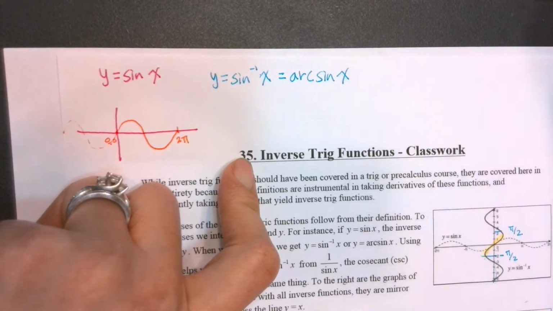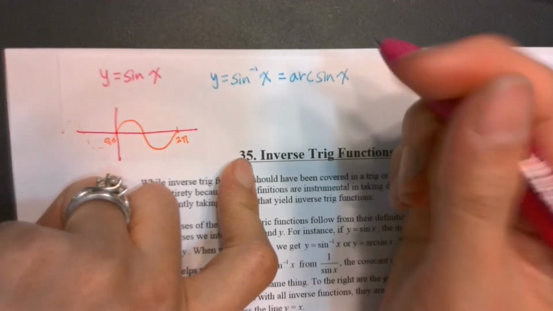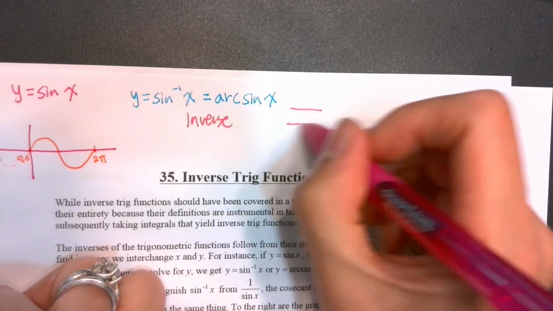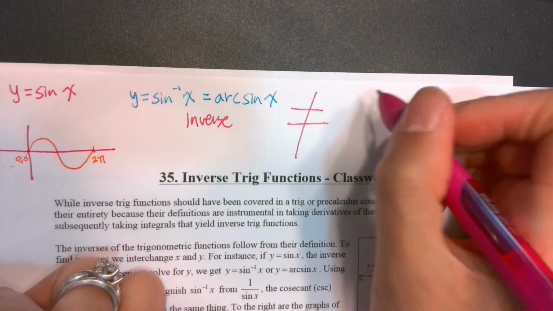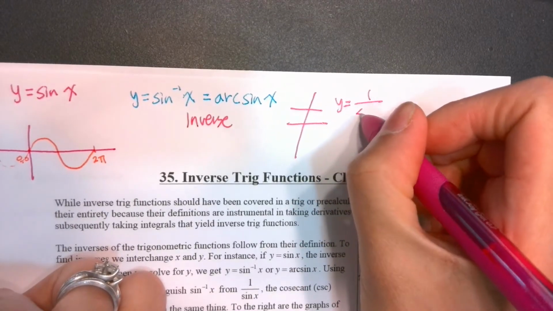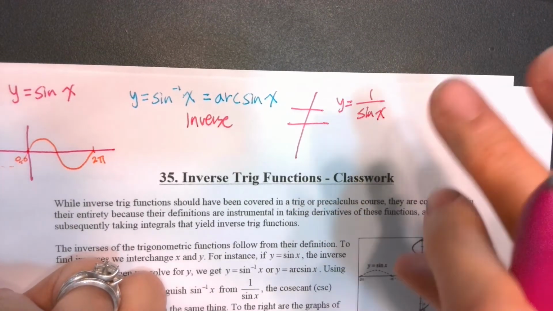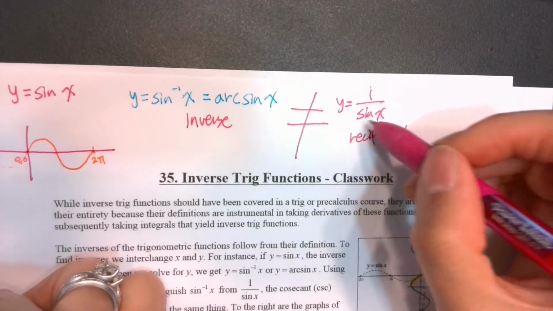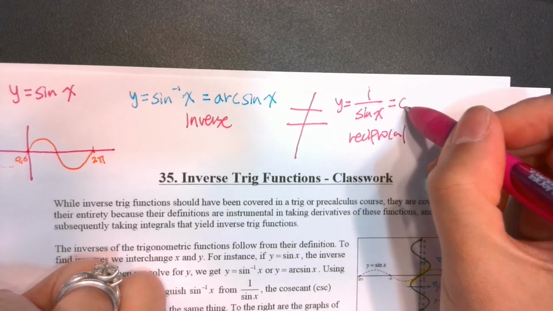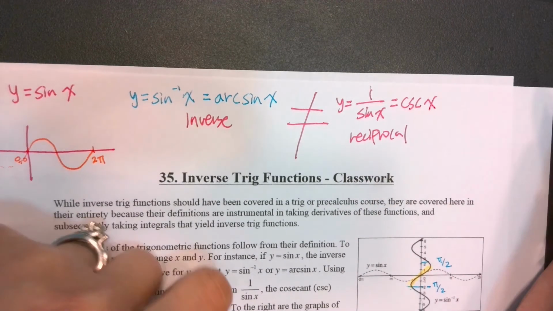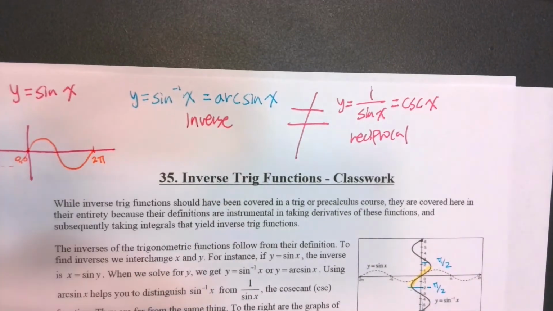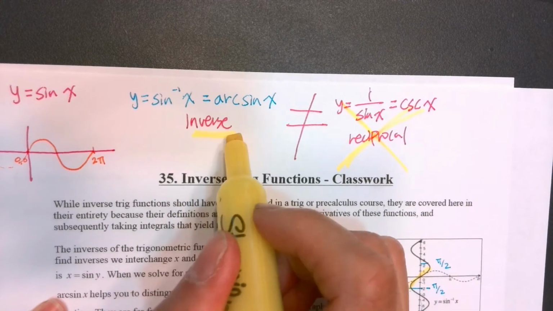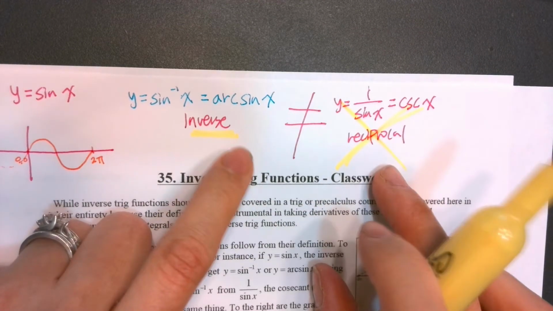Now, what this is not equal to is the reciprocal. What is 1 over sine x equal to? This is equal to cosecant of x. So please know we are not doing cosecant right now. No. We are doing the inverse function, switch x and y. So that's what the note was about.